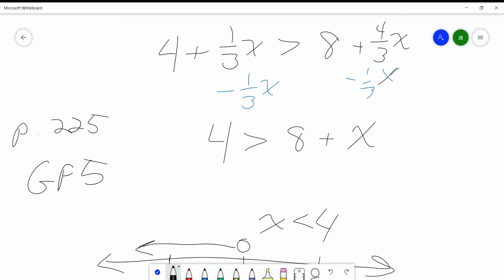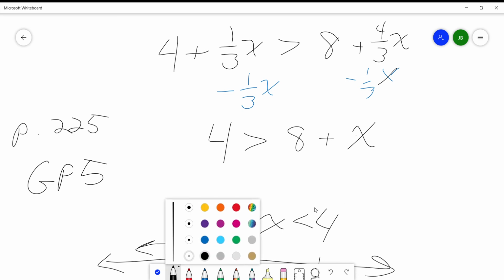So 4 is greater than 8 plus x. Now, we can just kind of intuitively look and see, well, how can this be? X must be something, it should be a -4. My bad. X is less than -4.